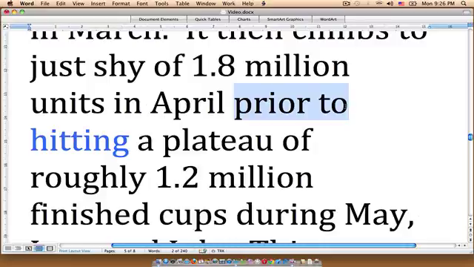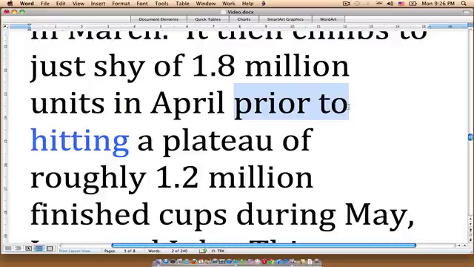So we could say prior to hitting, or prior to falling, prior to dropping, prior to growing, prior to spiking. So in your own writing, if you want to use this phrase prior to, just remember that we often couple it, not always, but often, with a gerund.